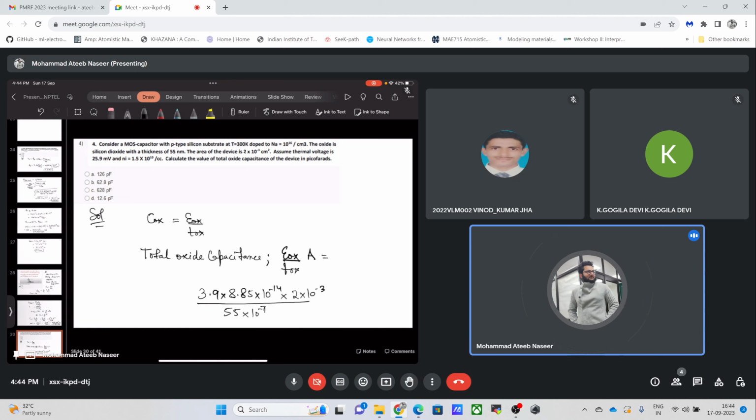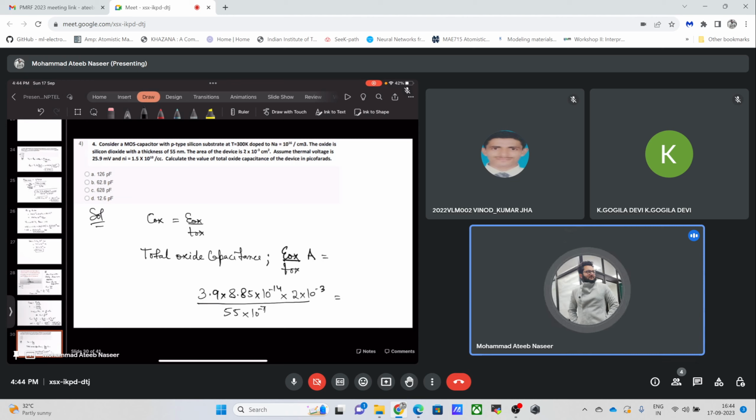Let's solve for this. It is 3.9 into 8.85 into 2 divided by 55.